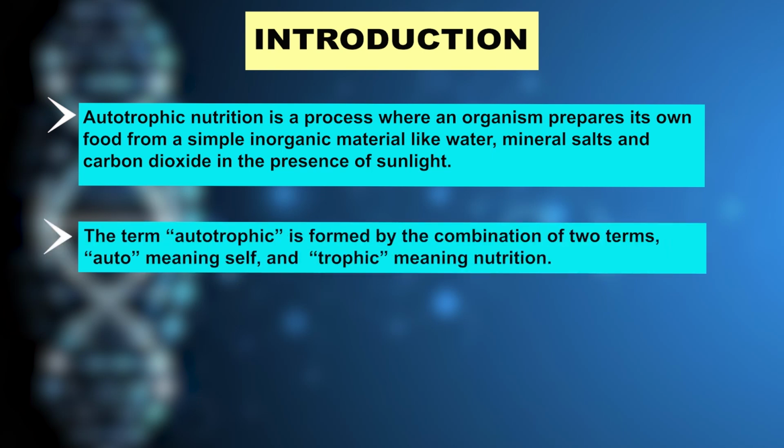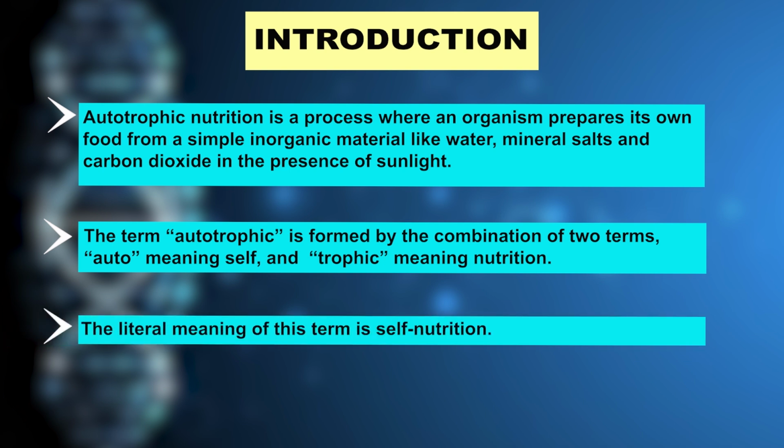Photosynthesis it is. Actually, the term autotrophic is formed by the combination of two terms, auto and trophic. Auto means self, trophic means nutrition. So, the literal meaning of autotrophic is self nutrition.